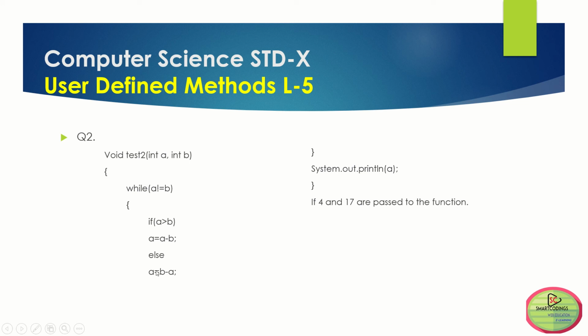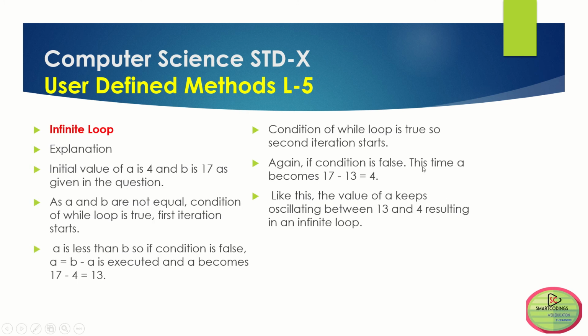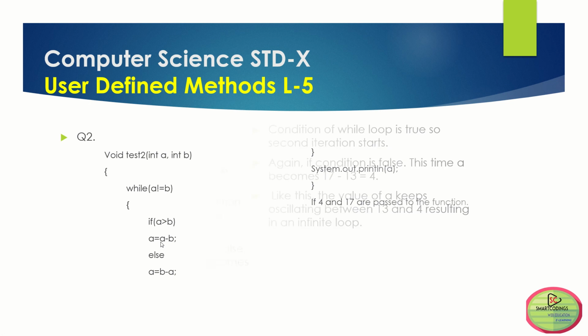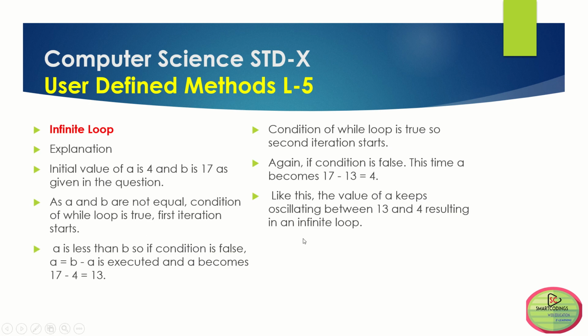In the else part, this time a becomes 17 minus 13, that is equal to 4. So like this it will continue oscillating the value between 13 and 4, resulting in an infinite loop. I hope this is clear, because this while condition is always true, and the if condition is false, so it will iterate in the else part and oscillate the value between 13 and 4. Hence it is an infinite loop.